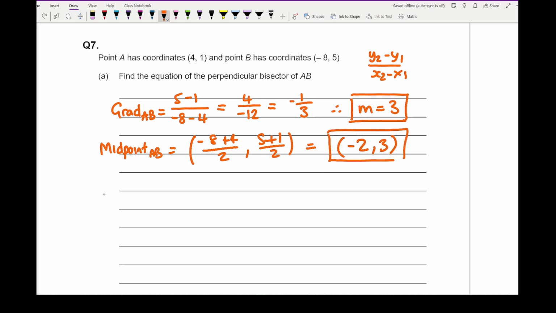Then using those two bits of information, I substitute into y minus y1 equals m(x minus x1), in which I get y minus 3 equals 3 lots of x plus 2. Expanding the brackets out and simplifying, I get my final answer of y equals 3x plus 9.